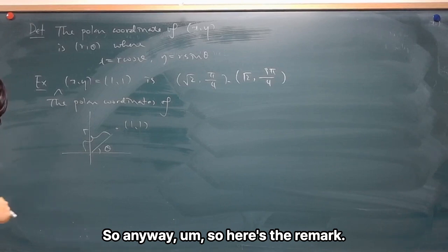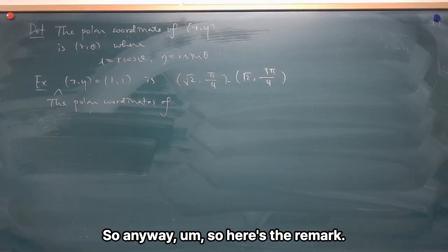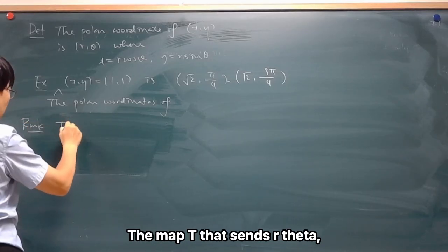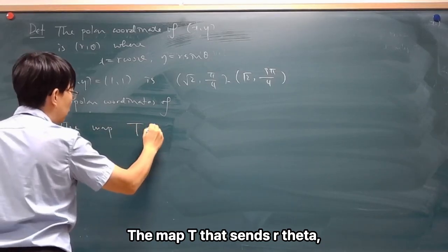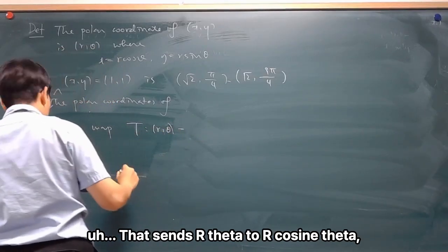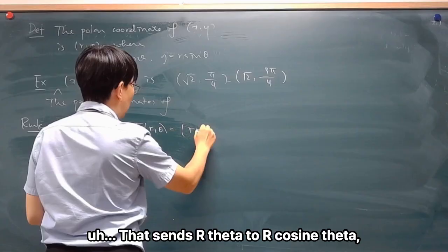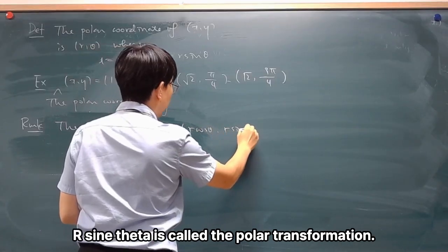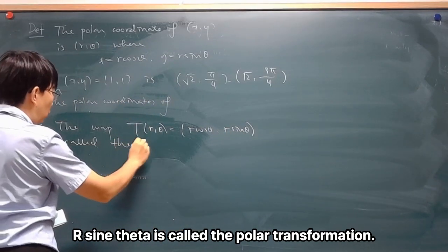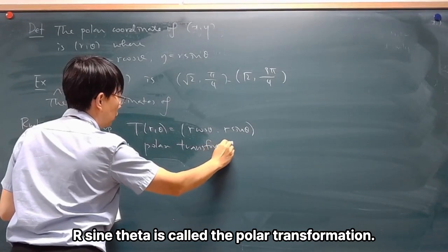So anyway, here's the remark. The map T that sends (r, theta) to (r cosine theta, r sine theta) is called the polar transformation.